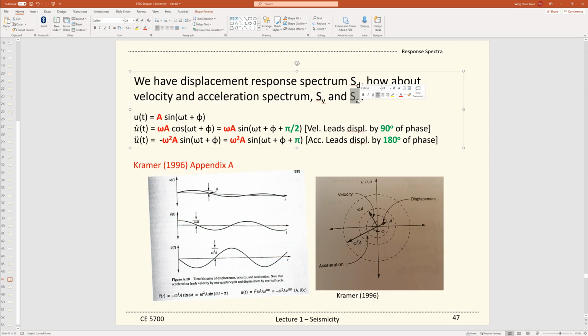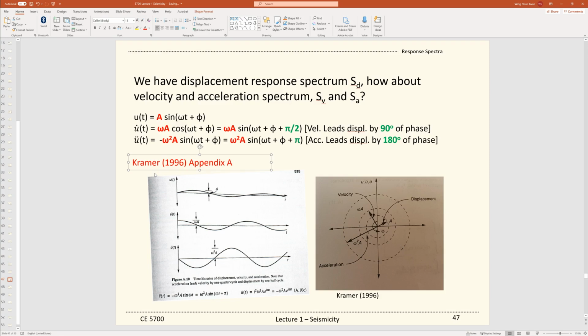If you know the Fourier transform, it helps a lot. But anyway, for the theoretical background, you can go back to your Kramer textbook, Appendix A.